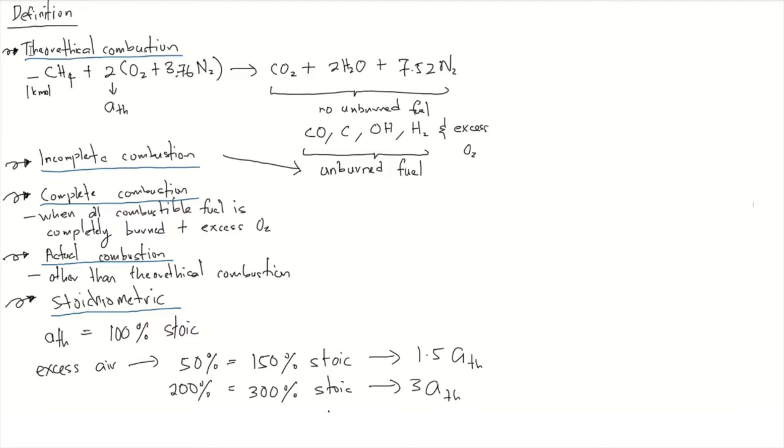Okay, first is theoretical combustion, where we always put it as 1 kilomole of fuel, right? So CH4, instead of 2 kilomole of CH4, in order for you to get a theoretical combustion, you need to divide it by 2, so it becomes 1 kilomole of fuel, CH4.